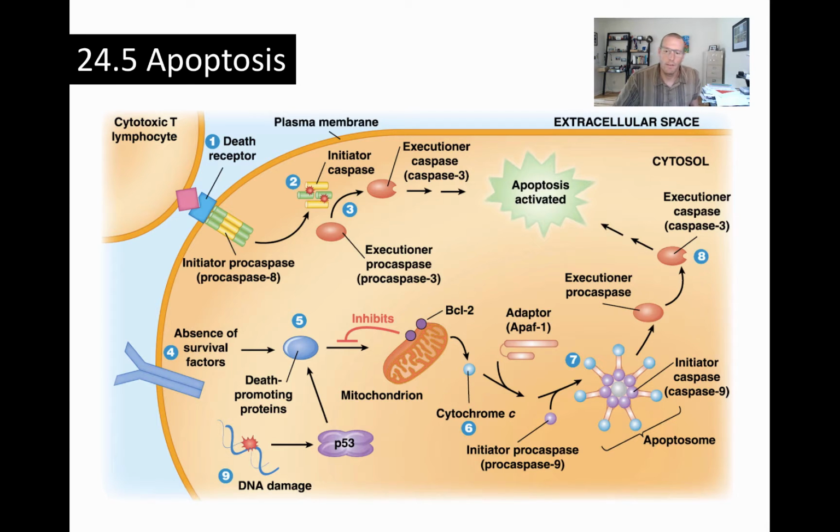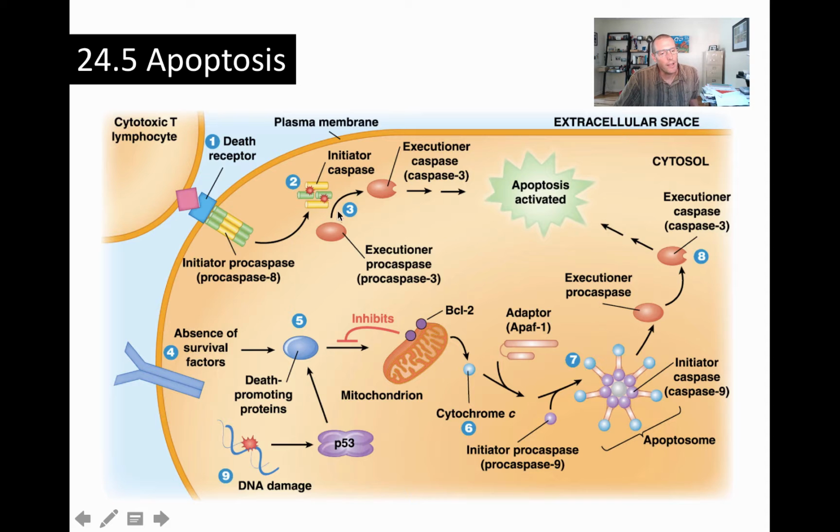If we take a look at things in a bit more detail here, here's a cytotoxic T cell, and on its surface is a ligand for a death receptor. And so if this cell here has recognized this cell as being infected by a virus, for example, then the ligand engages the death receptor, and that causes the aggregation of some of these procaspases, notably procaspase 8, and they're activated, and they are then able to activate a group of proteins called the executioner procaspases, for example, procaspase 3.